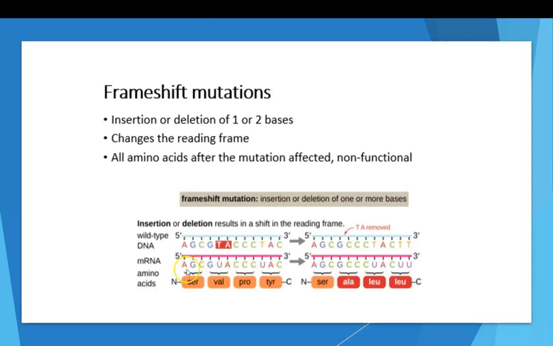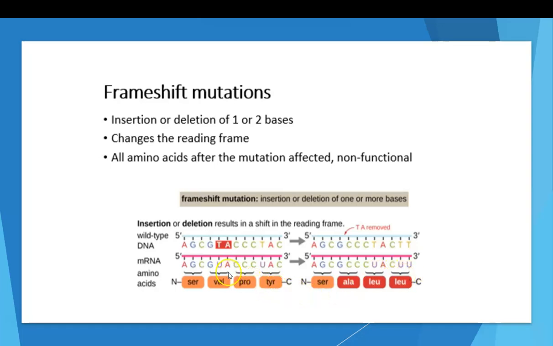Before it was AGC, GUA, CCC, UAC. Now, because you deleted those two nucleotides and every three nucleotides make a codon, it completely shifts the frame of translation. So now you have AGC, GCC, CUA, CUU.